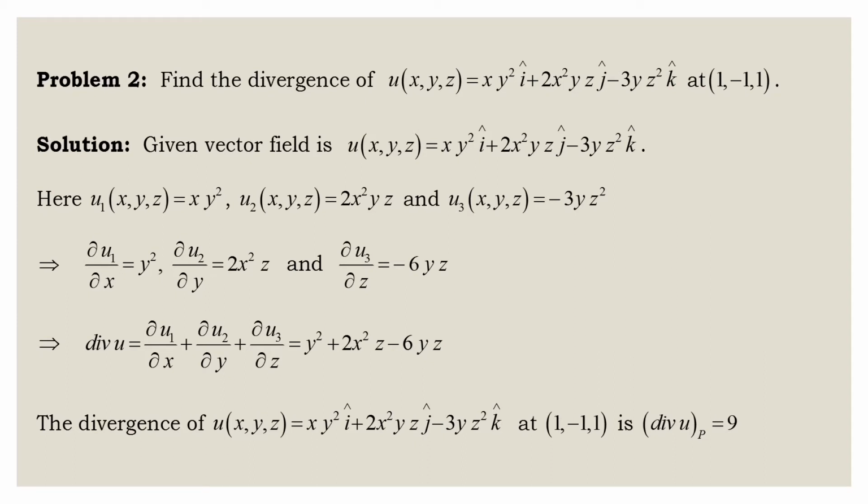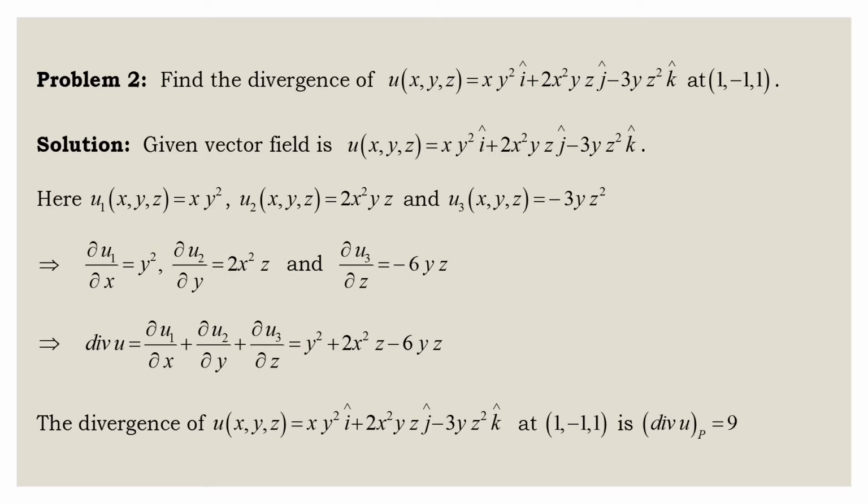To find out the divergence of the given vector field, we need to write down its component functions first. In this example, the component functions are u1 equals xy², u2 equals 2x²yz, and u3 equals minus 3yz².